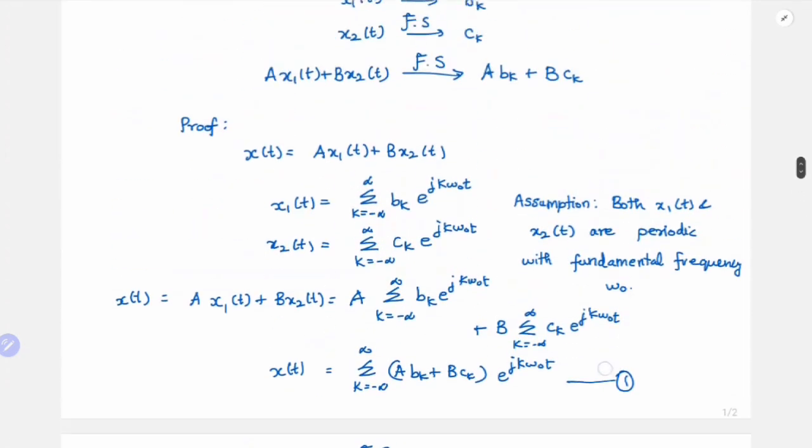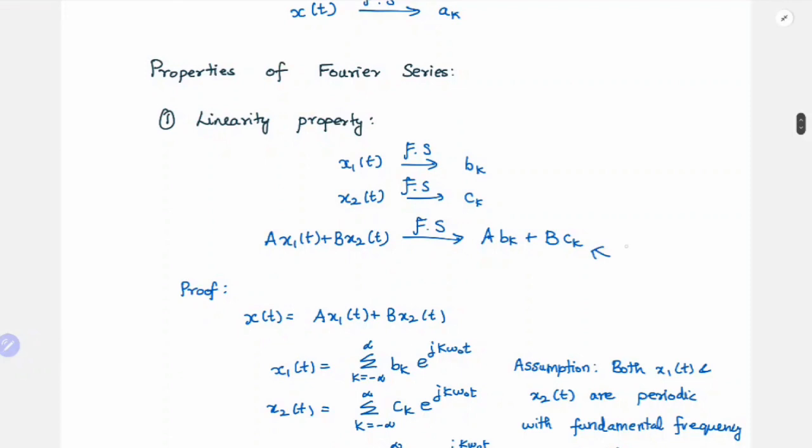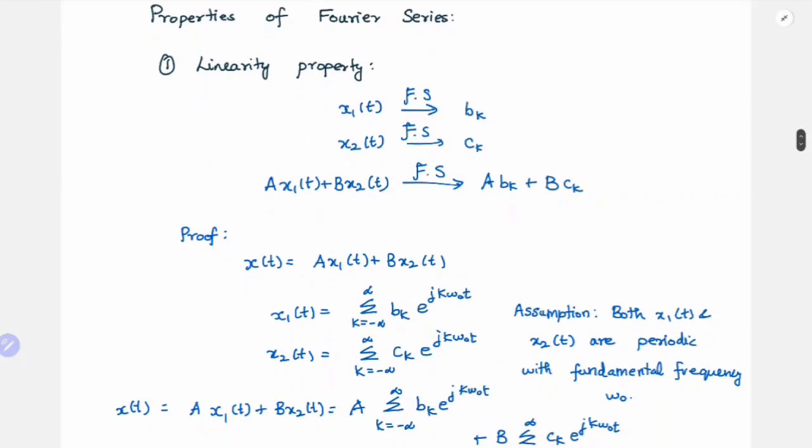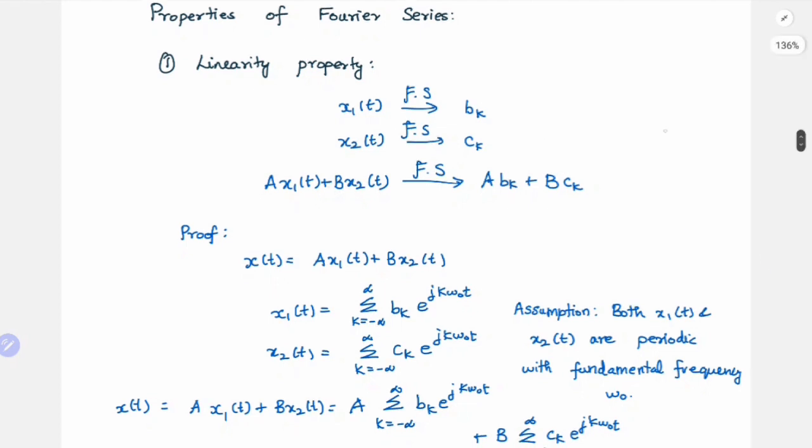So this implies that the Fourier series is linear. To find the Fourier series of a signal, you can break it down into two or more simpler signals, find their respective Fourier series, and add them up using the particular coefficients, and you can get the full Fourier series.